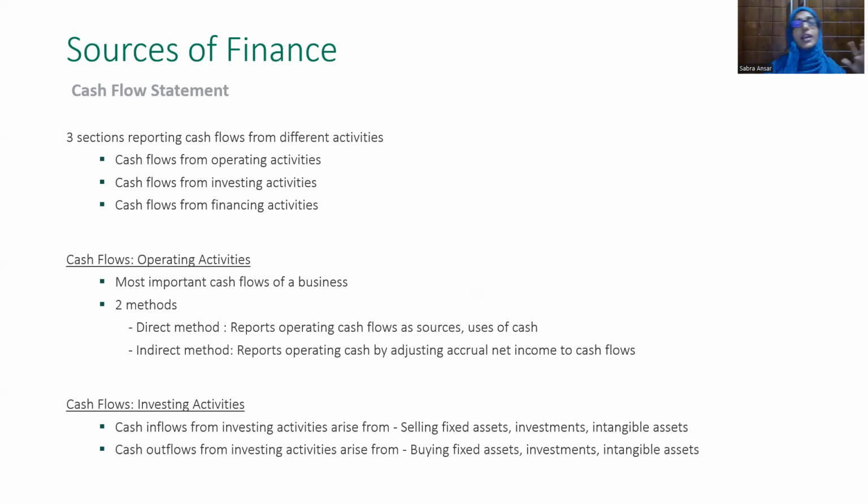To calculate operating activities, there are two methods. One is the direct method, where operating cash flow such as uses of cash will be used. Then there is also the indirect method, where the report shows operating cash by adjusting accrual income to cash flows. So one method directly calculates how much cash we have in hand.